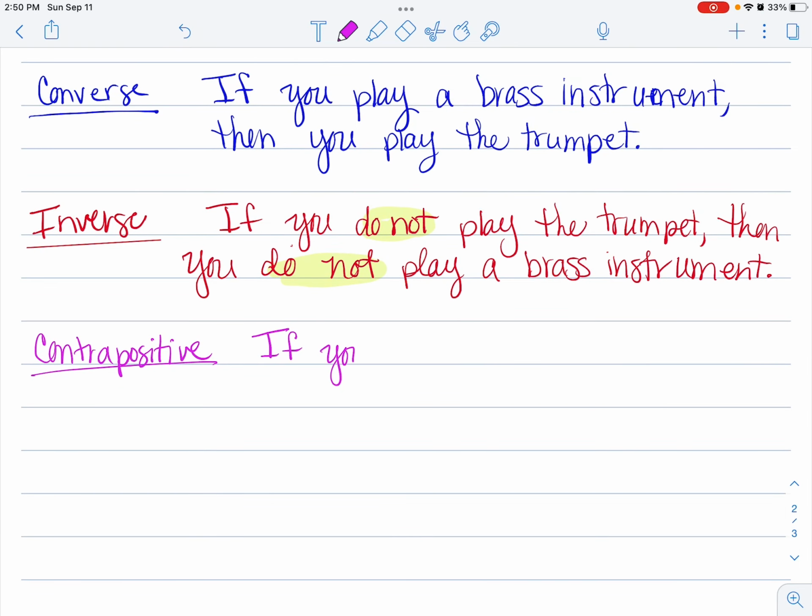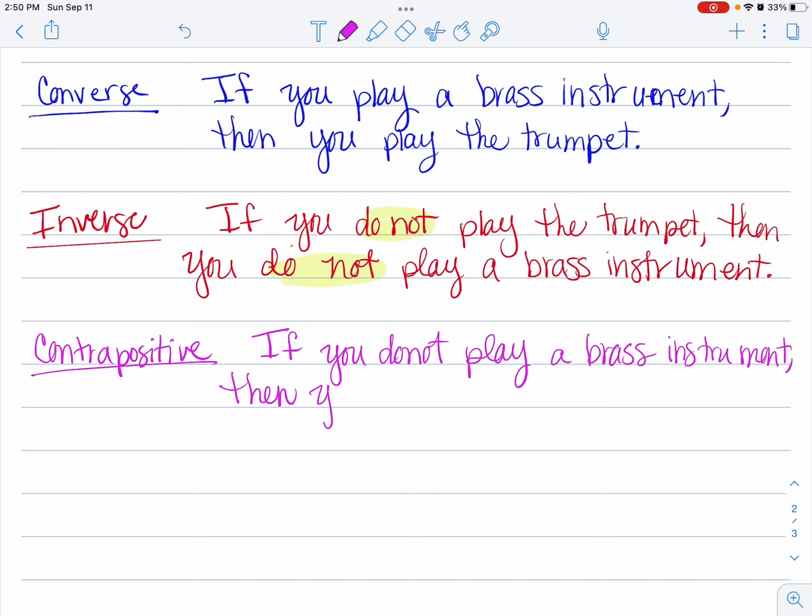If you do not play a brass instrument, then you do not play the trumpet.